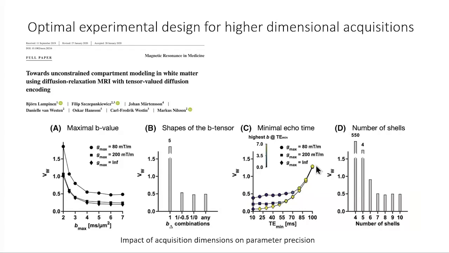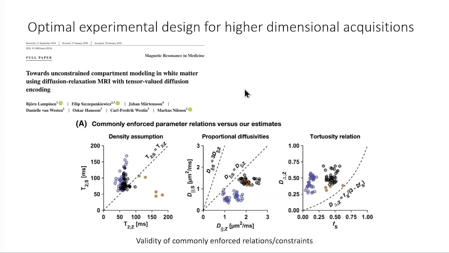Also, increasing the range of echo times helped a lot, and also allowing many more shells than what we would traditionally do. So this is just an example to show you that as we go to higher and higher dimensional acquisitions, optimal experimental design becomes more and more important, and we can actually gain either a lot of time or a lot of information content by doing so.